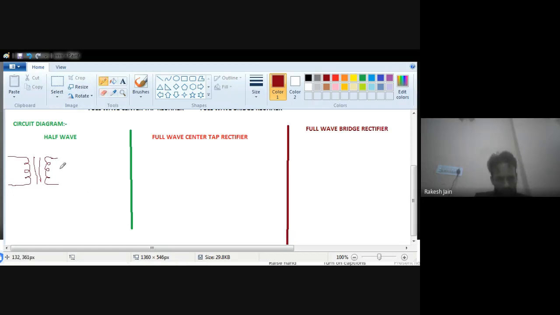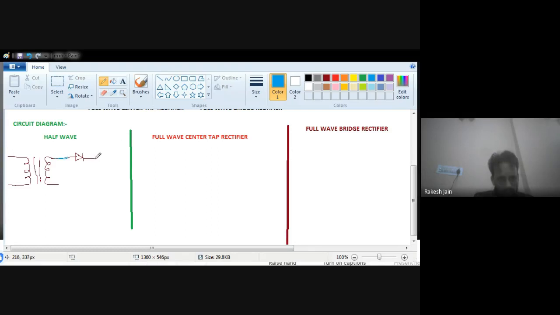Okay. And the diode is connected. Diode we require for any rectifier circuitry. So this is the diode. The diode is connected with the transformer such that the anode terminal of the diode is connected with this upper terminal. Okay.